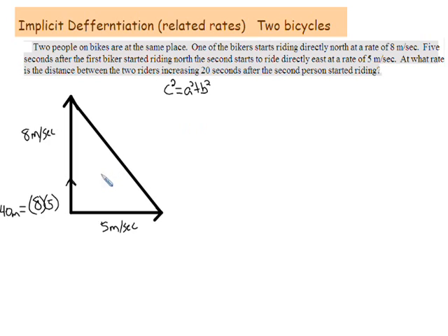Okay. Now, they want to know 20 seconds into the bicycle ride after the second person has started. So let me go back and plug in some information here. So if I multiply 5 times 20, that's going to be 100.